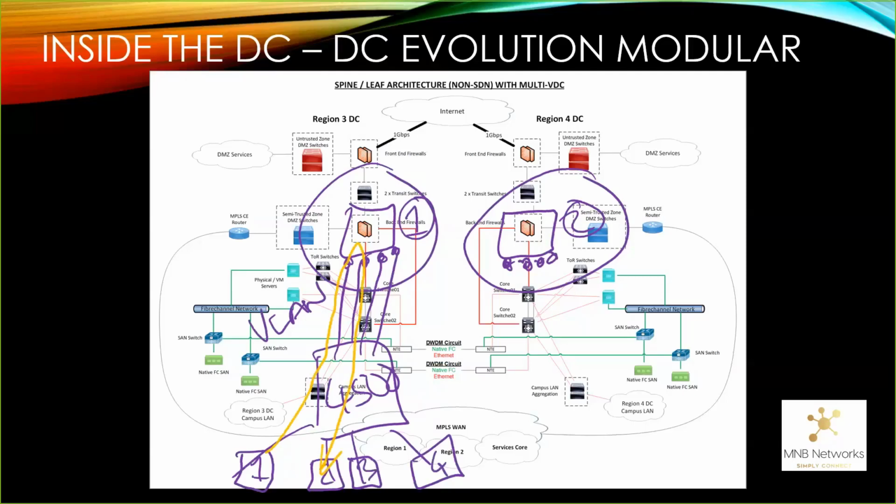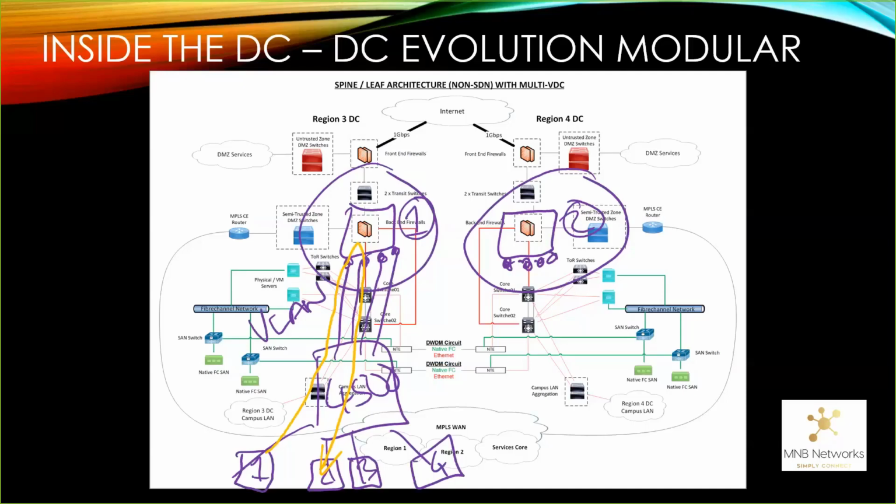Now, the more default gateways that are on the firewall, the worse it gets if you have a host-to-host security policy, which most data centers do between zones. If you've got, let's say, 20 data center subnets, that means you need 20 default gateways on that firewall.